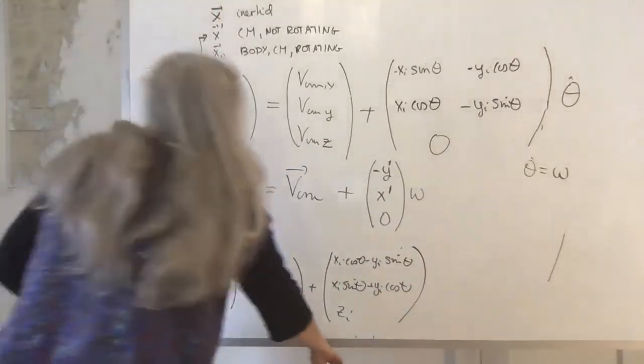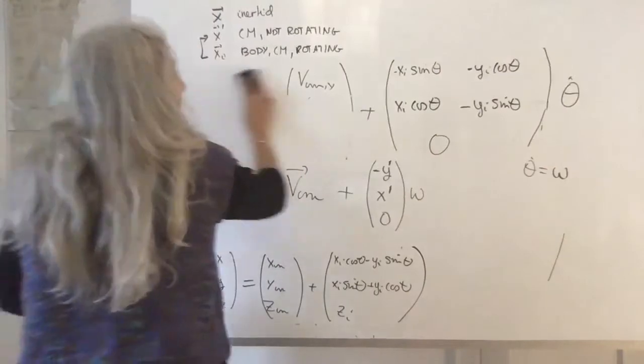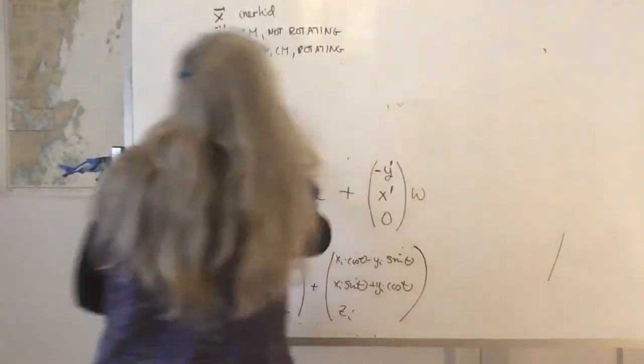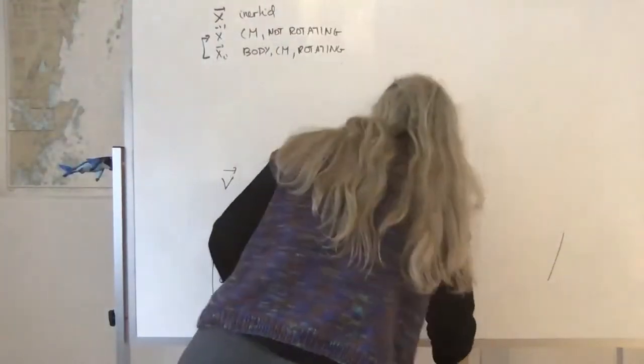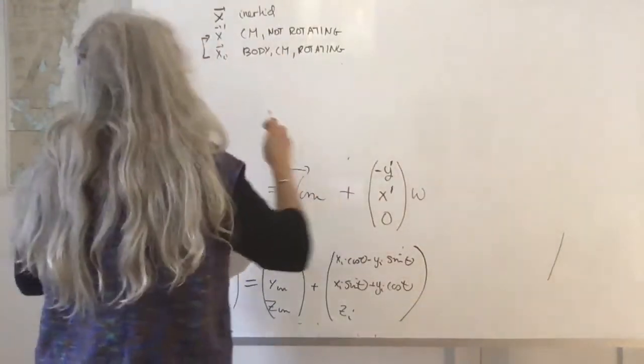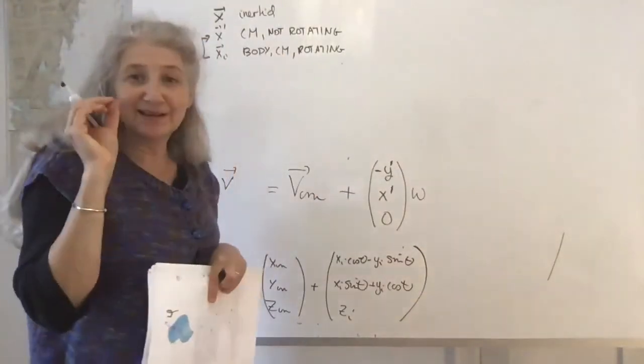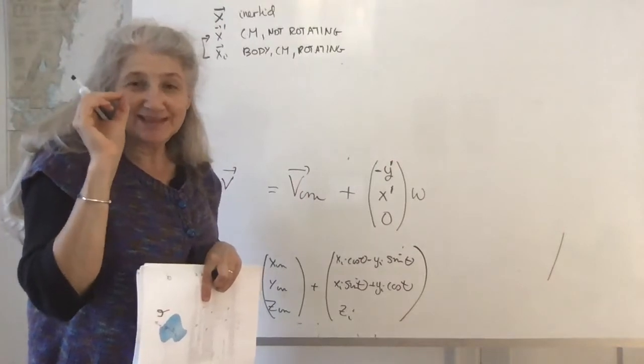So let's write out the total angular momentum. Let's write out the angular momentum just for one little mass element.